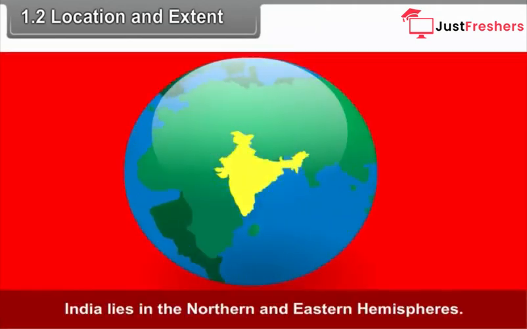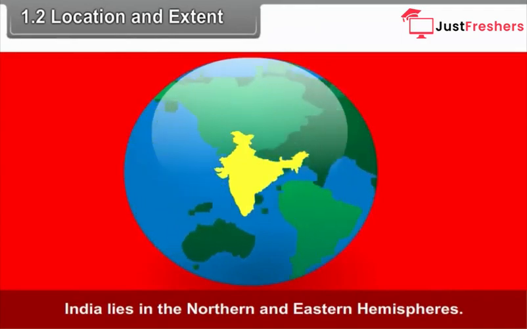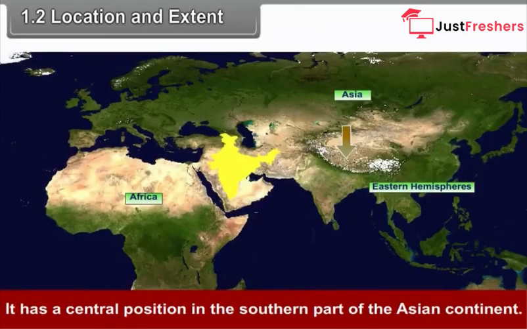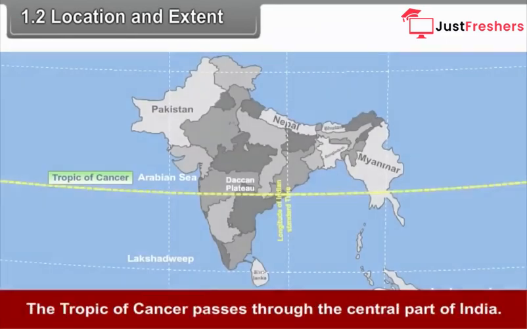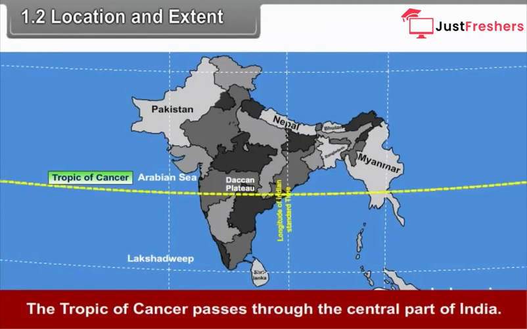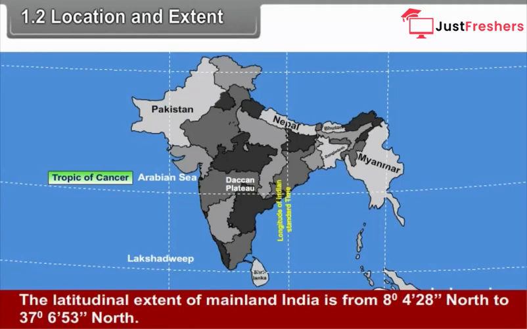Location and Extent. India lies in the northern and eastern hemispheres. It has a central position in the southern part of the ancient continent. The Tropic of Cancer passes through the central part of India. The latitudinal extent of mainland India is from 8 degrees 4 minutes and 28 seconds north to 37 degrees 6 minutes 53 seconds north.